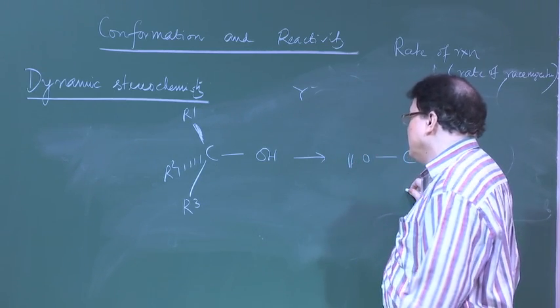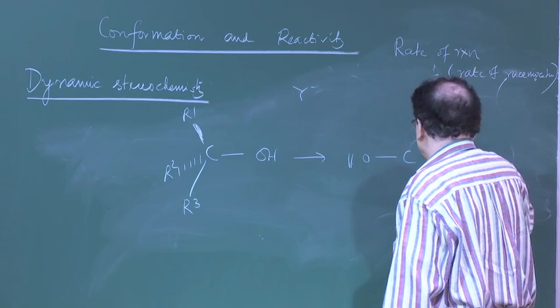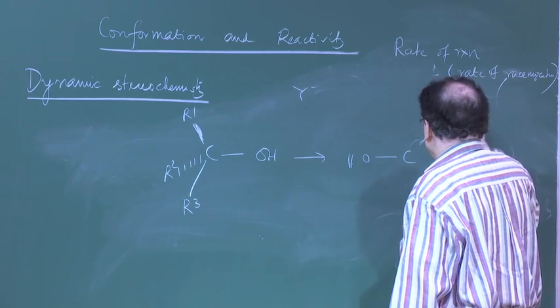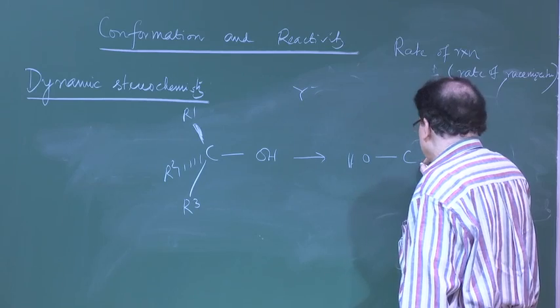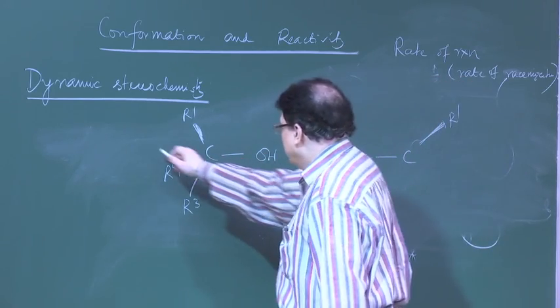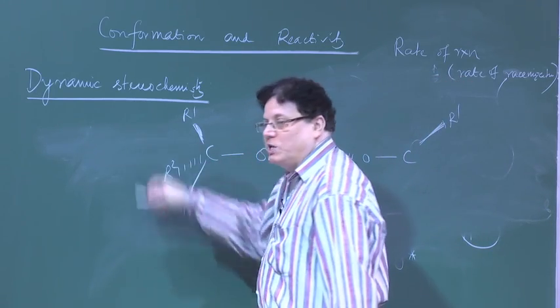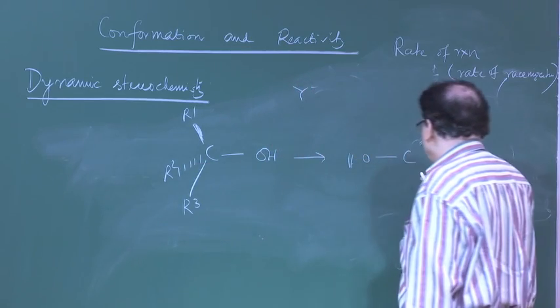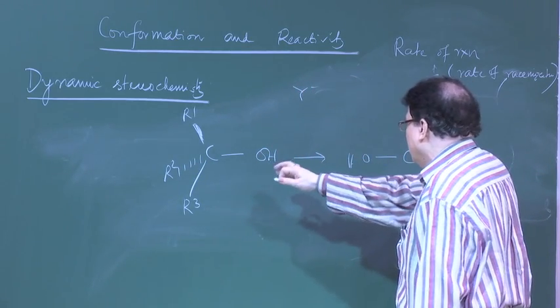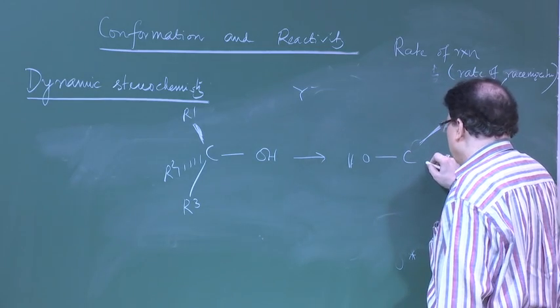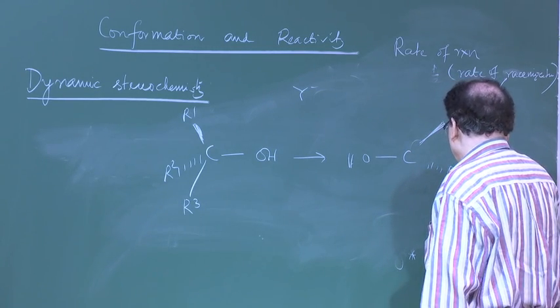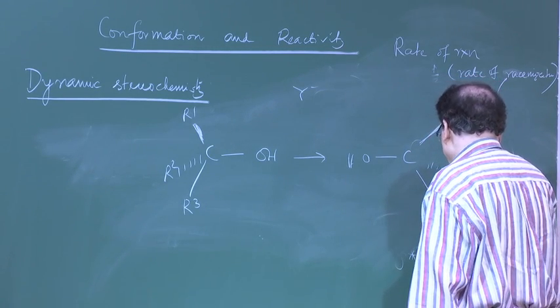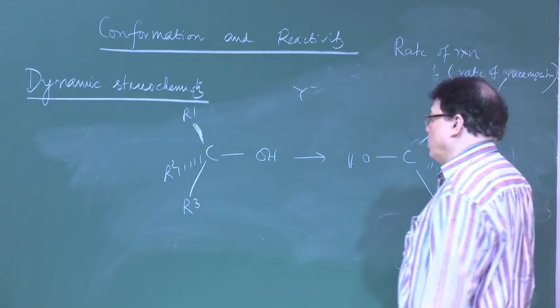So, how do we convert this into the mirror image? This is the inversion, but the problem is that I cannot attack this wedge with another wedge. There is no direct way of converting this into the mirror image by a reaction.